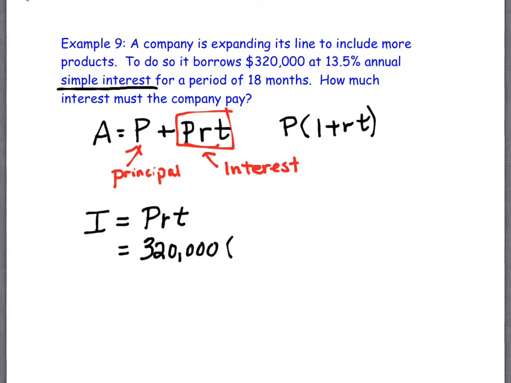What will that look like? Right, 0.135. And then T stands for time in years, and that's really important, years. How many years are they going to have to pay this money back? 1.5, 1.5.